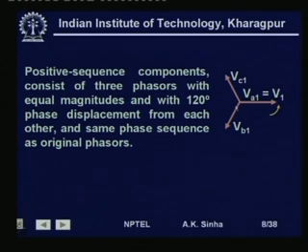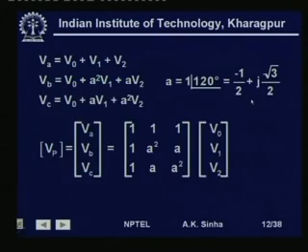So, basically VB1 is nothing but a squared VA1. Since we have taken A as reference and we are not writing A for this, we are writing this as a squared V1.